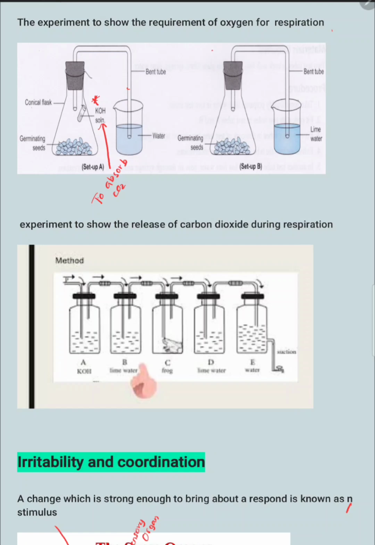If I explain this experiment, during respiration you know that organisms absorb oxygen and release carbon dioxide. Here we assume the volume of oxygen absorbed is equal to the volume of CO2 released. In the first setup, the germinating seeds absorb oxygen, but the released carbon dioxide is absorbed by the KOH solution.